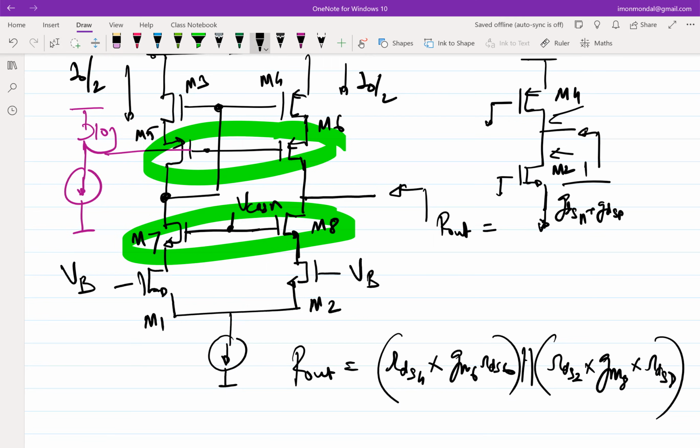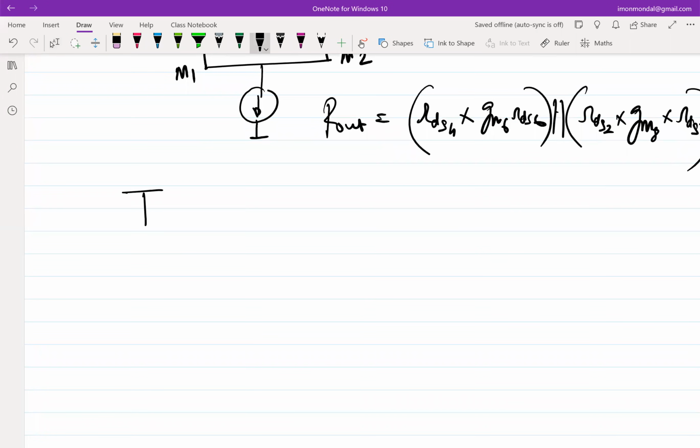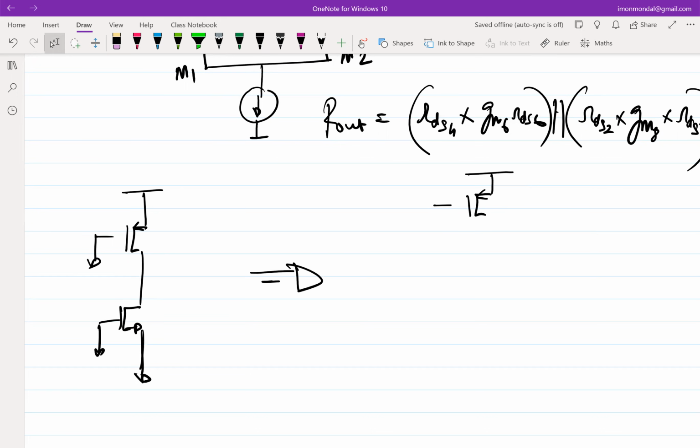Effectively, if you had this condition, incrementally I am moving from here to here, right? So this is M2, M4.